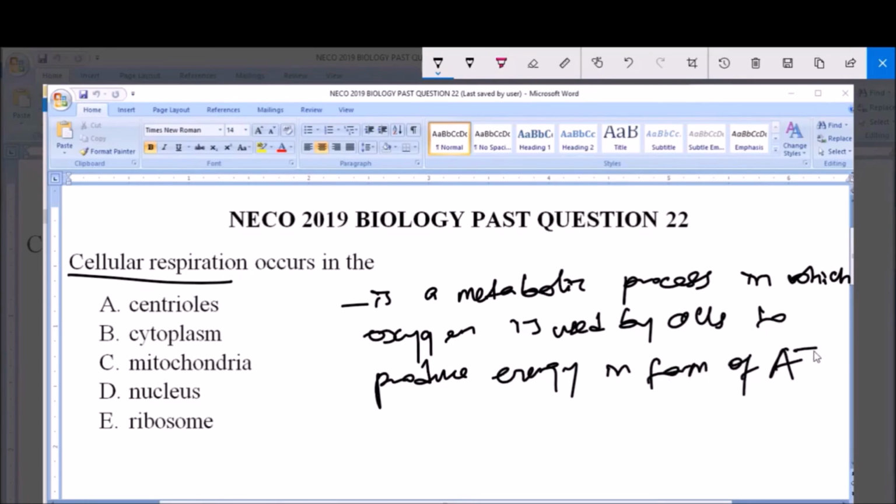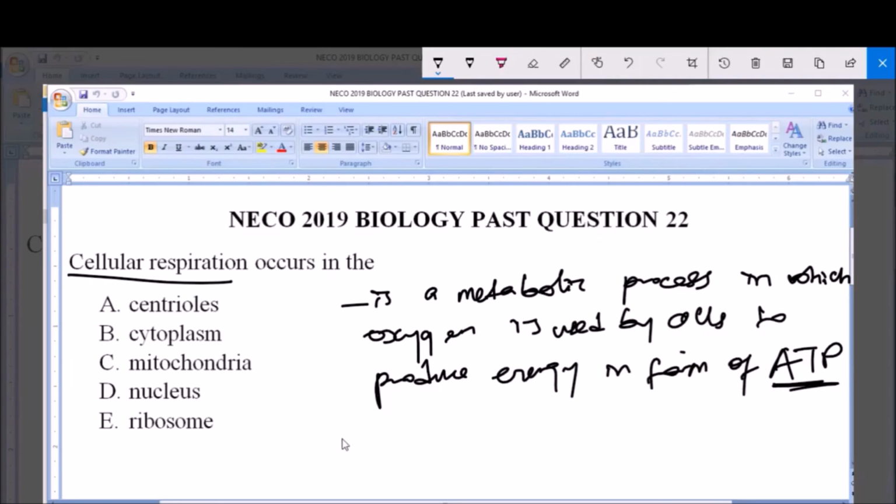Like we know, ATP simply means adenosine triphosphate, which is a unit of energy that is used up by cells in the body. So cellular respiration simply involves the use of oxygen to produce energy, which is ATP.